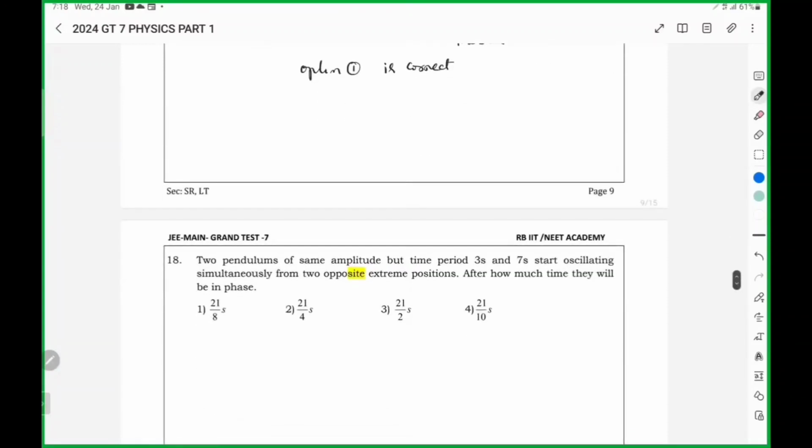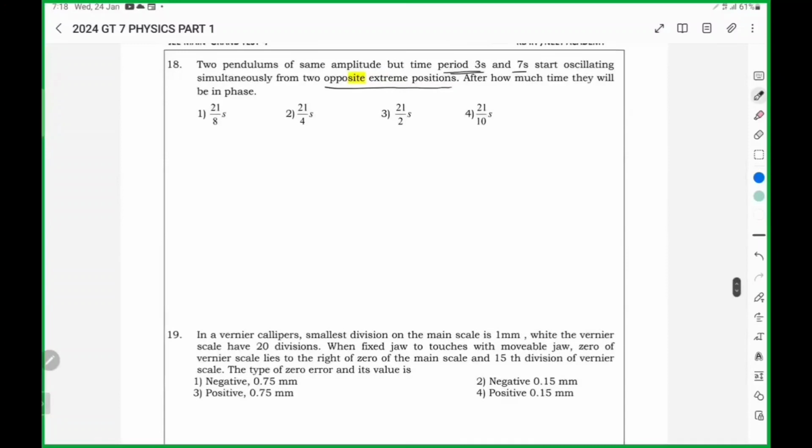So here, pendulums of the same amplitude but different time periods are released from two opposite extreme positions.